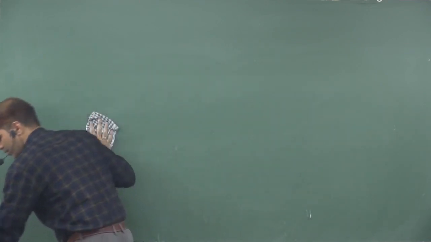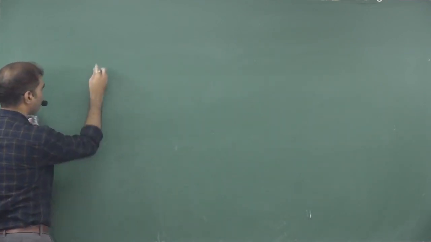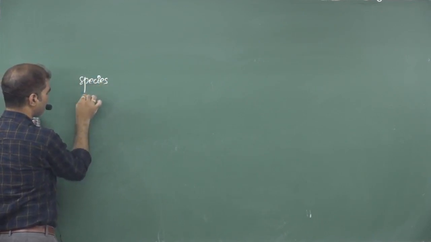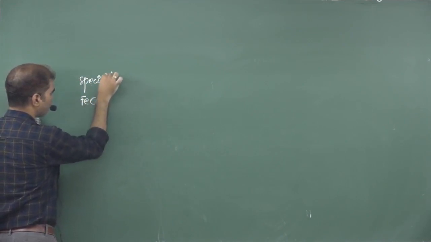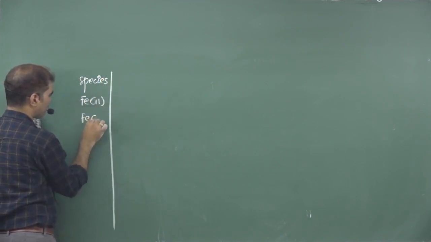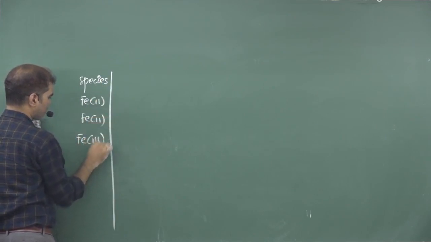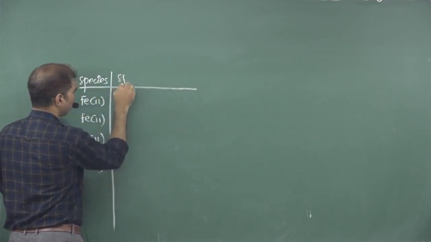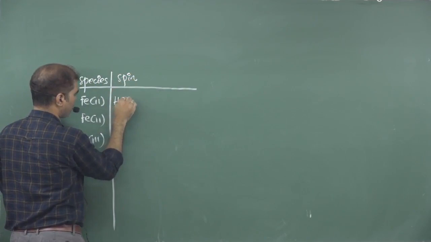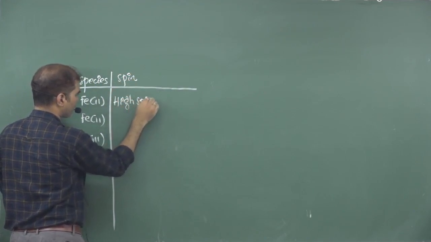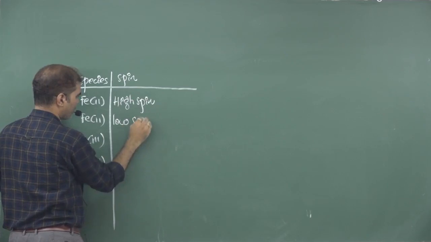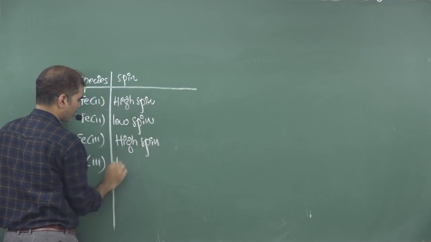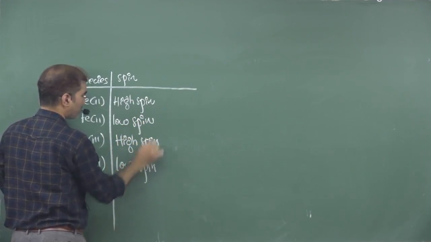You just write down a general data today about iron. Species is iron. Spin: first let me take high spin, low spin, high spin, low spin.